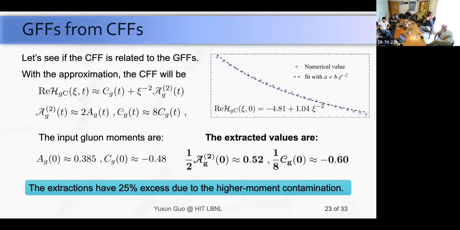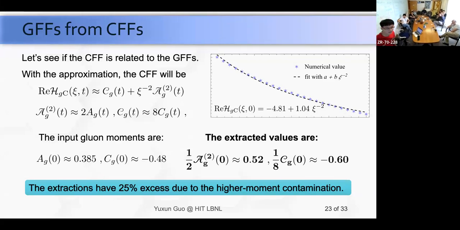Remember that this is the ansatz we used, and this is the fitted value here. The number doesn't really matter if one rate is minus 0.8, 4.8, and plus 1 for these two coefficients. The idea is that these two coefficients are actually calculable in terms of all these generalized form factors. To a leading order, that is, if you ignore all the higher spin operators, you only get gravitational form factors.